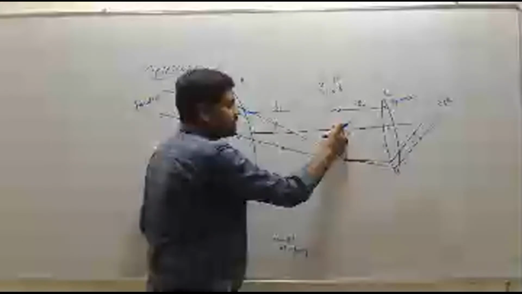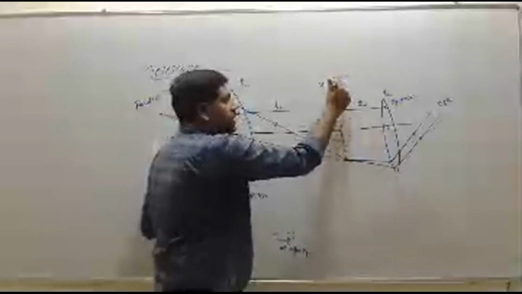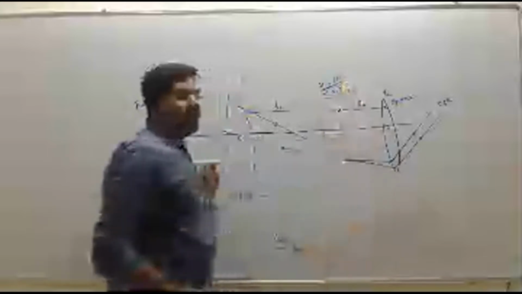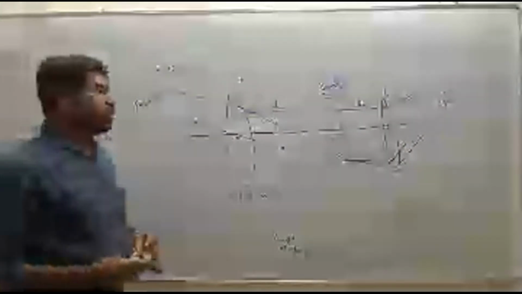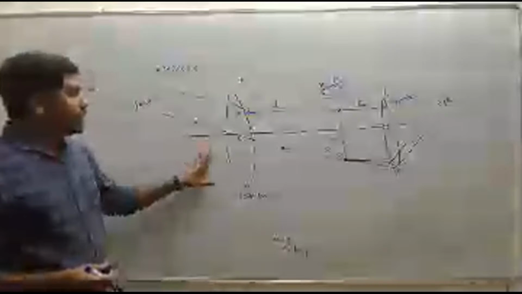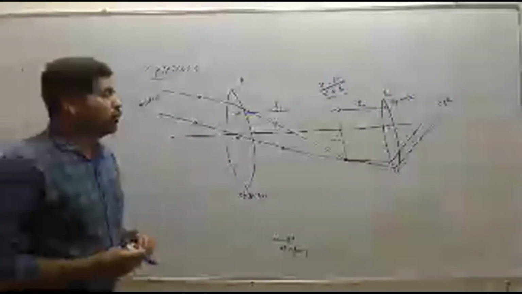This real image acts as a virtual object for the eyepiece, which is placed at the focus, and then we get the image at infinity. If the image is formed at infinity, then we get a clear image of that object. So this is about the construction of the telescope.